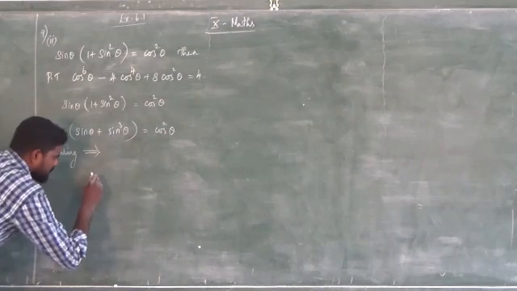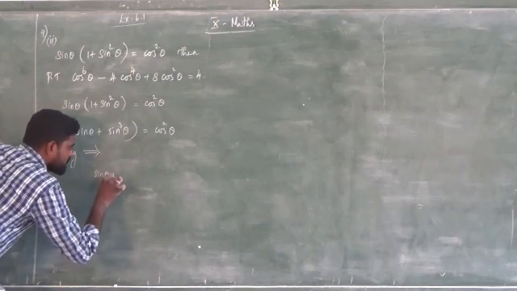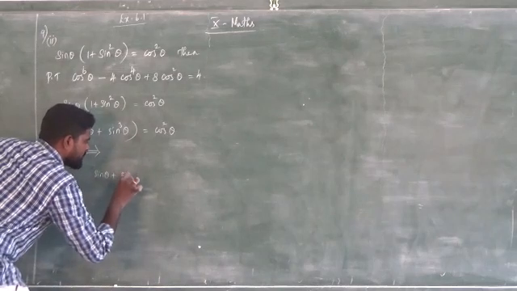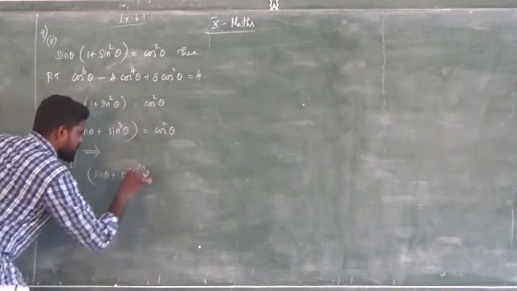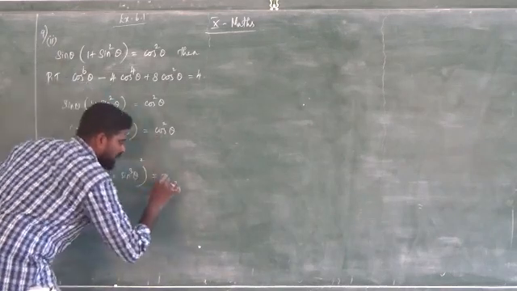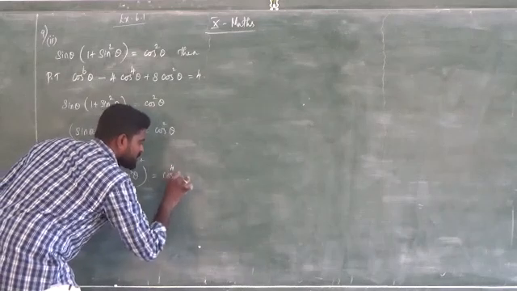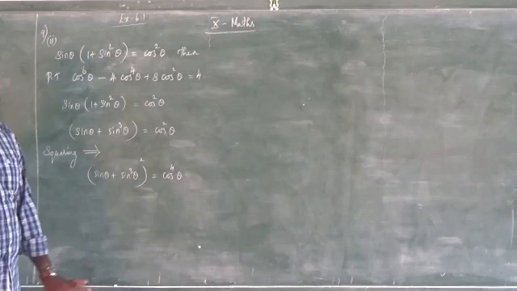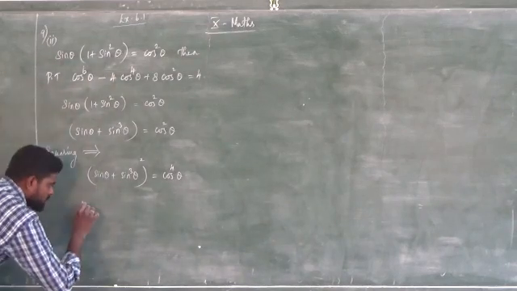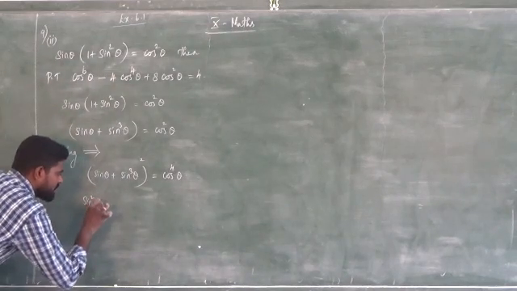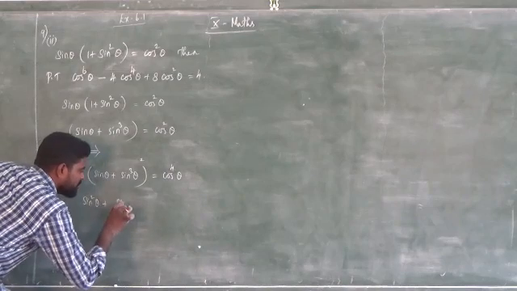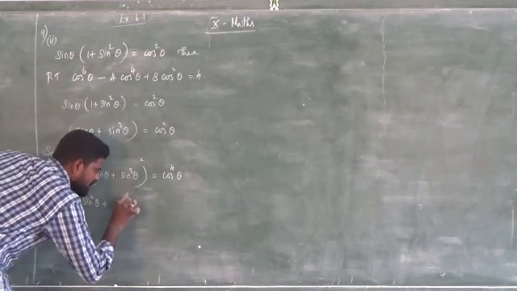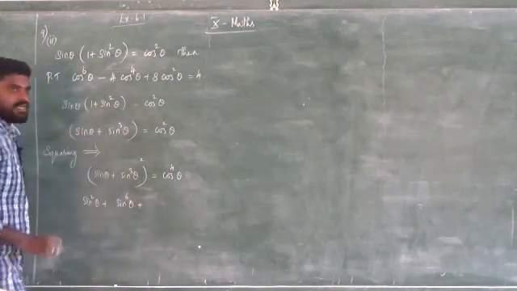So if you square, sin theta plus sin power 3 theta whole square, it is equal to cos square theta squared, becomes cos power 4 theta. So here we can use a plus b whole square formula. A plus b whole square, it is sin square theta plus sin cube squared becomes sin power 6 theta plus 2ab.